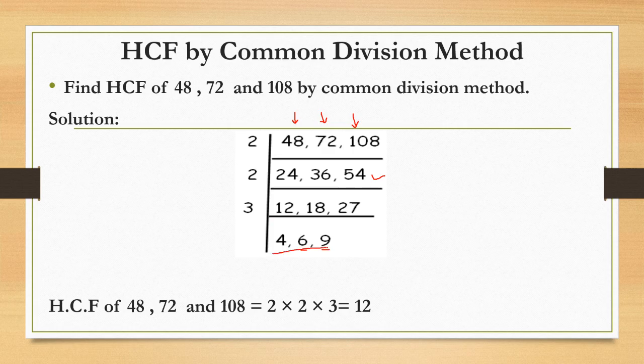Now these three numbers do not come in the same number table, so we are going to leave them alone here. Now we are going to multiply these three values. So after multiplication we got 2 into 2 into 3 is 12. So this is the HCF of 48, 72 and 108.